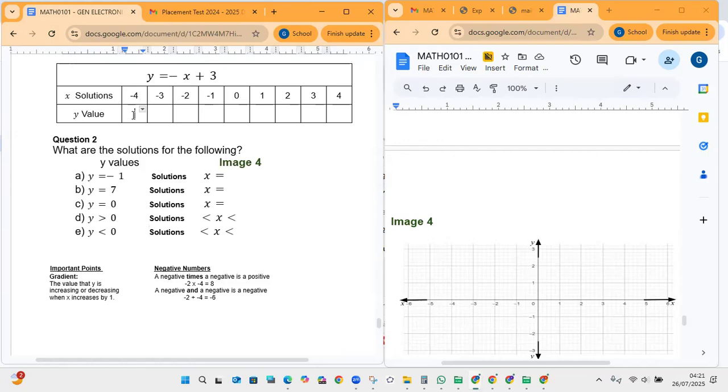So when x is -4, what is the value of y? What we do is put -4 in the place of x, and we can recall that a negative times a negative is a positive. So -1, there's an invisible 1 there. If we don't see a coefficient, it is 1. Coefficient means a number that is multiplied.